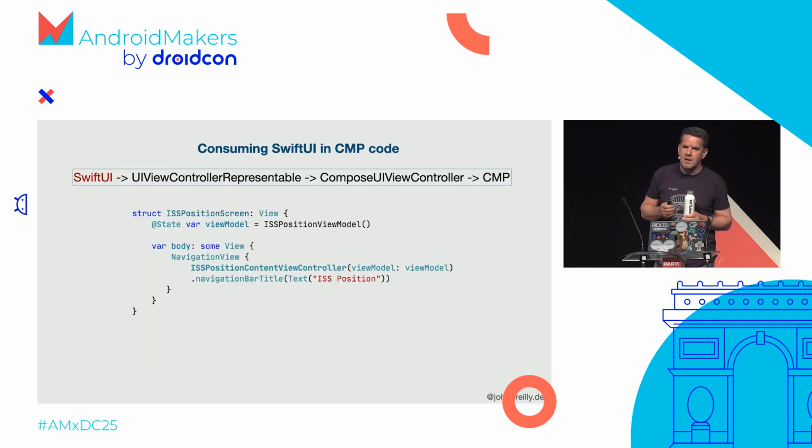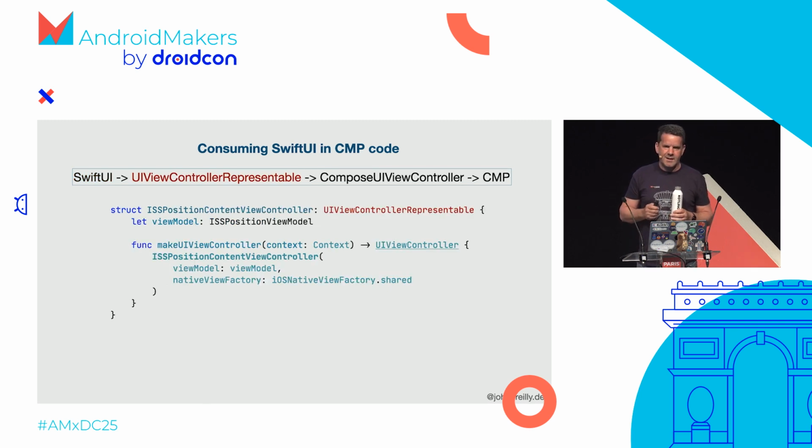So the first part, consuming the Compose code in SwiftUI, is much the same as we saw in the earlier example. We have our outer SwiftUI view, that in this case includes a navigation view with a title bar. That view also includes ISS position content view controller, which will wrap our Compose code. Again, that's a UI view controller representable, which invokes ISS position content view controller in shared CMP code.